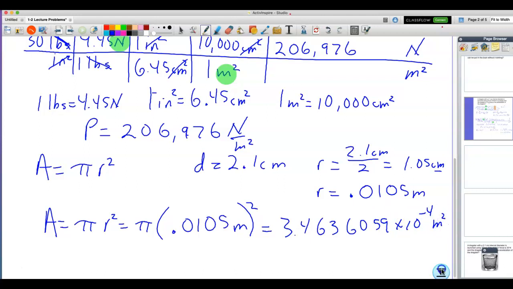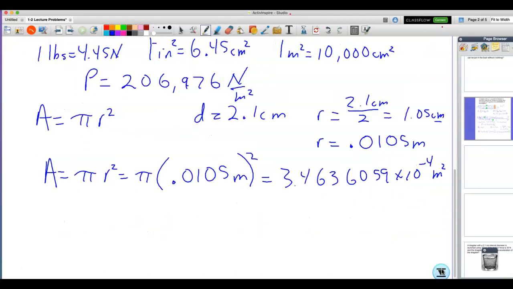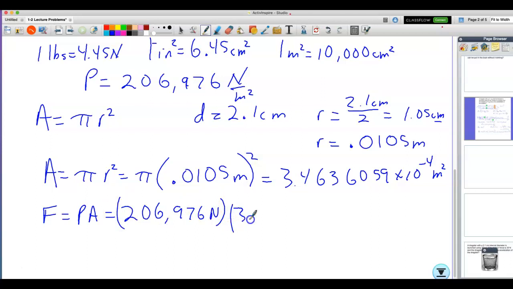We'll carry a lot of these out. Now we won't use all of those, but we'll round that off later. Just writing all those out now. So there's our area. Now we go back and say that the force equals the pressure times the area. And our pressure was 206,976 newtons per meter squared times 3.4636059 times 10 to the negative 4th meter squared.